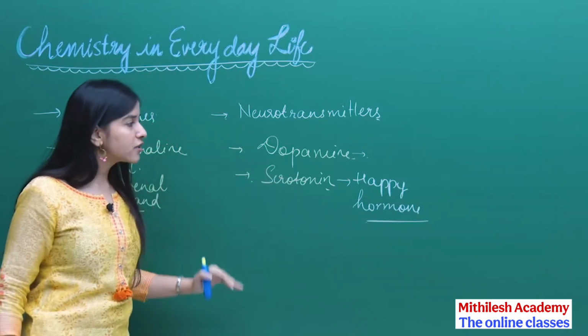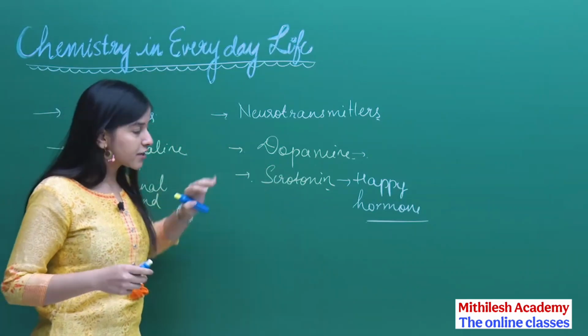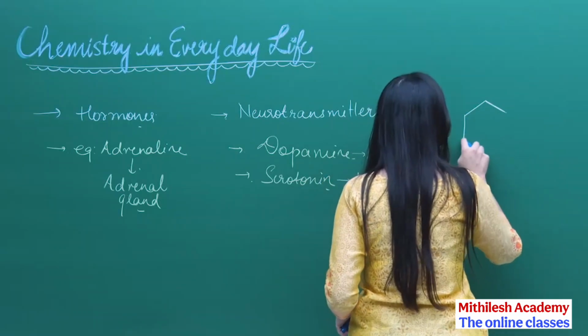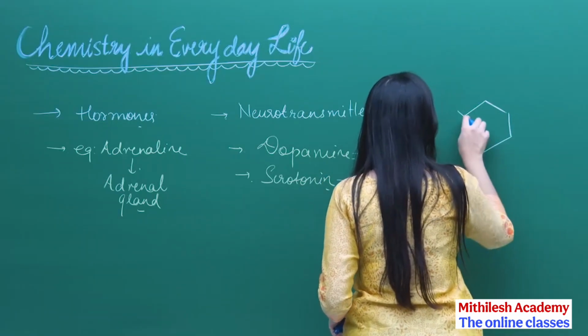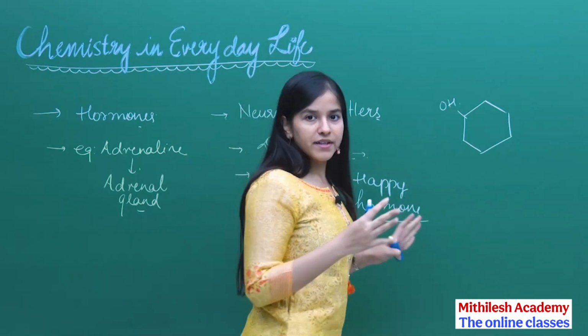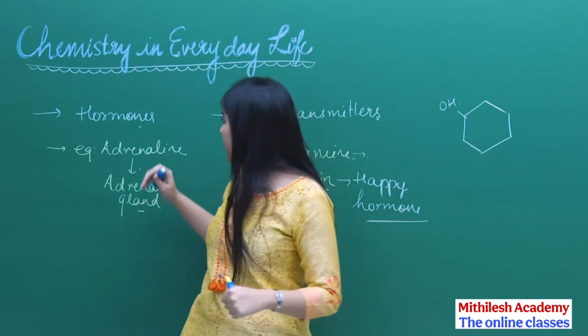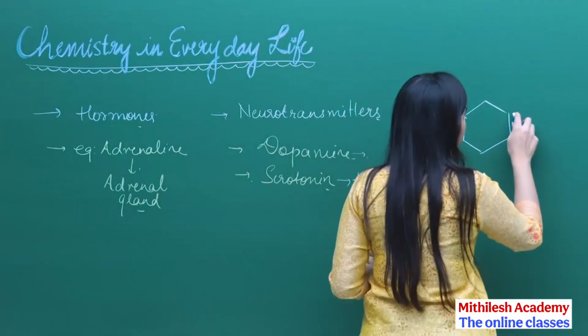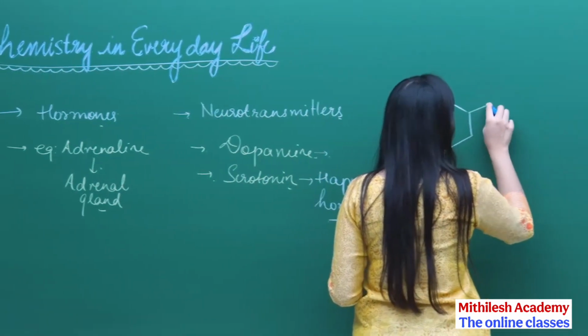What is the structure of serotonin? Let us just discuss. It is something like this. The structures of dopamine and adrenaline we have already done before. It is slightly similar, but we have another ring attached over here.